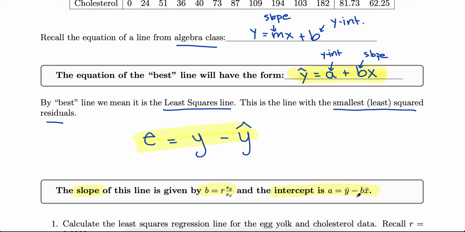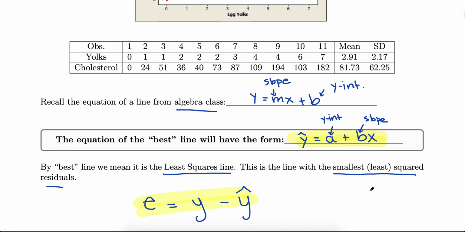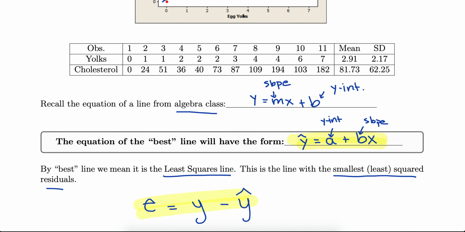One last thing: some of this notation we haven't used before, like y bar, sy, and sx. We have used s and x bar, so this should be intuitive. If you have the data in a chart, I would definitely recommend labeling your variables. Remember, x was the egg yolks, and we're using that to predict our response, y, the cholesterol. X is not always going to be in the first row, so read the problem, see what you're trying to predict.